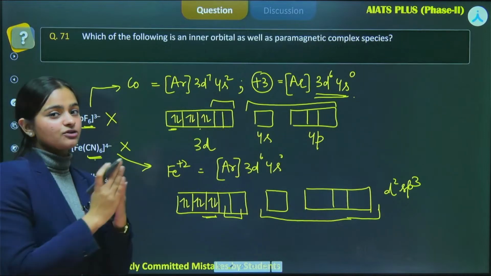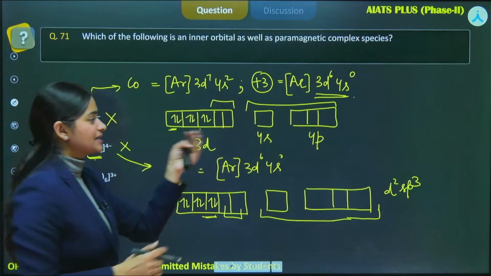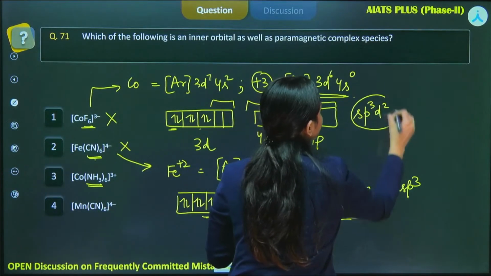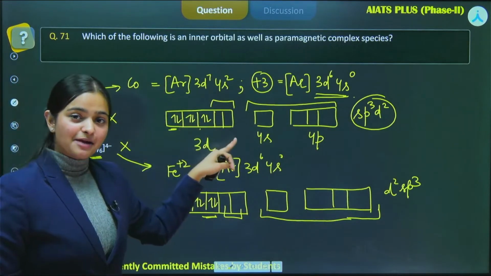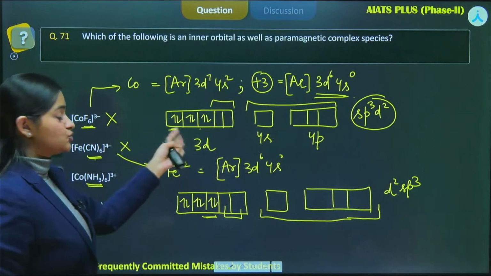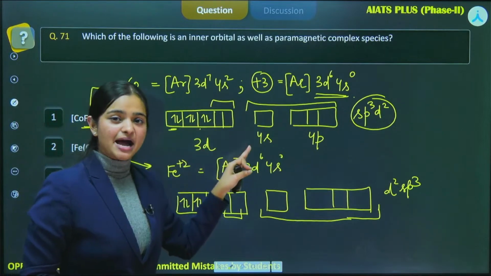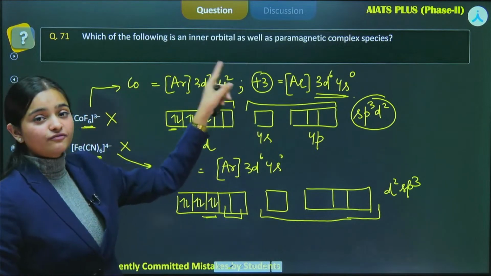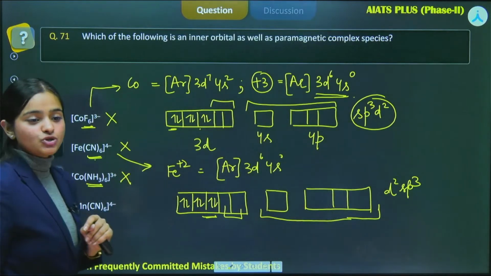So the ligand can overlap with these orbitals and the complex will become an inner orbital complex and the hybridization will become d2sp3. Now, is it a diamagnetic species or a paramagnetic species? As we do not see any unpaired electrons, it is very clear that this is a diamagnetic species, right? So we have to find a paramagnetic species. So option 3 also gets eliminated.